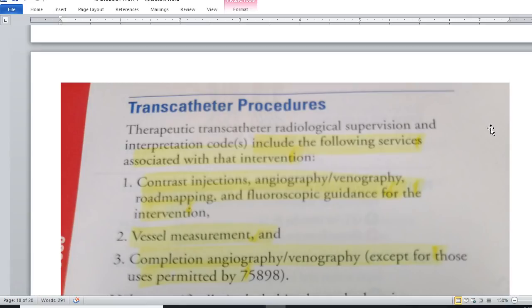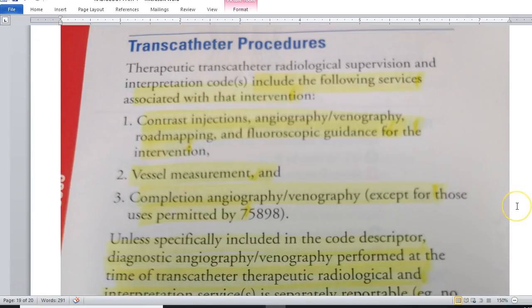So it tells us therapeutic transcatheter radiological supervision and interpretation includes the following services associated with that intervention. So this is what is included, okay? Contrast injections, angiography, venography, road mapping, and fluoroscopic guidance for the intervention, vessel measurement, and completion of the angiography or venography, except for those uses permitted by 75898.